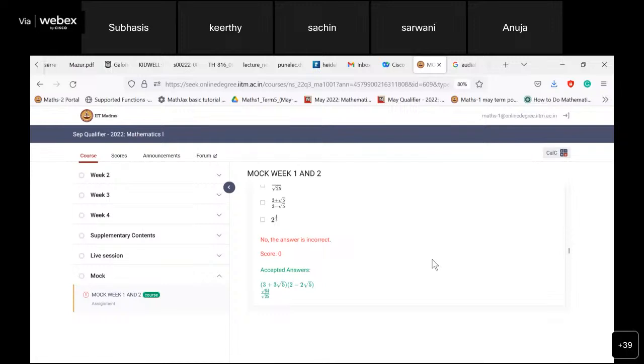Minus 24 is an integer, but every integer divided by 1 can be a rational, right, sir? Yes, every integer we can call rational. But here they were only allowing one option, so I kept the second option, but the given answer was wrong. So I guess there was some issue with the portal.